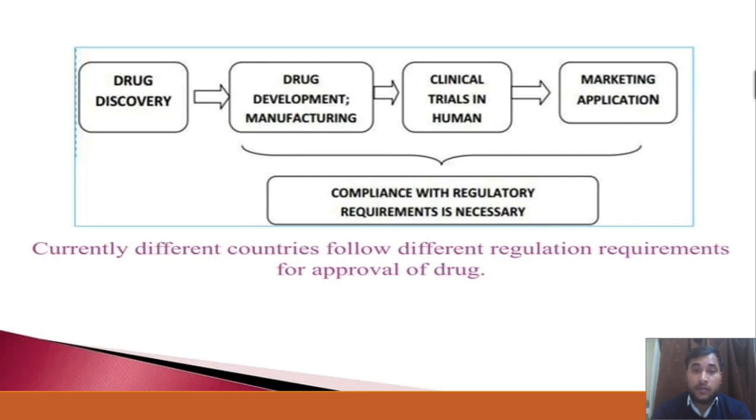For performing these steps from drug development to the marketing application, the pharmaceutical company needs to get permission from the concerned regulatory agency of the country. Currently, different countries follow different rules and regulations for approval of a new drug product. Now move forward to the next slide.